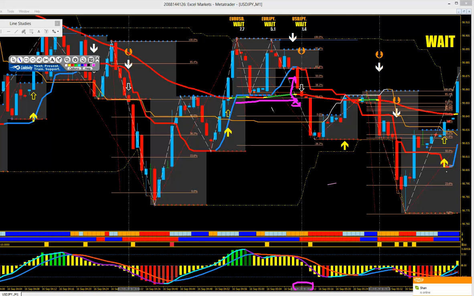So we need to be careful. Also, even though the slope is in our direction, it has come from, yeah, it's doing this, it's doing that. So it is not exact, this is not the same as here. So it is, let's just say slow, or the momentum is not quick.